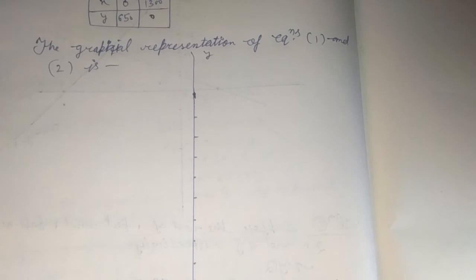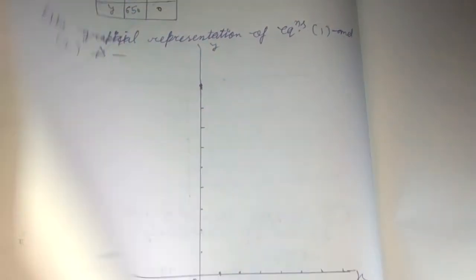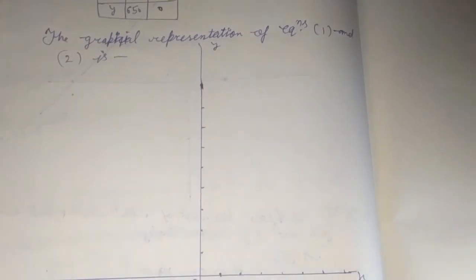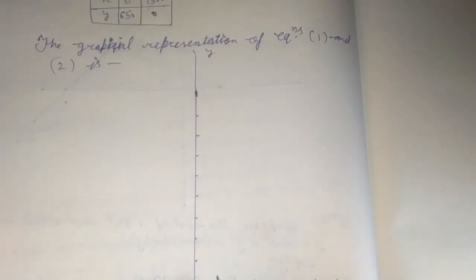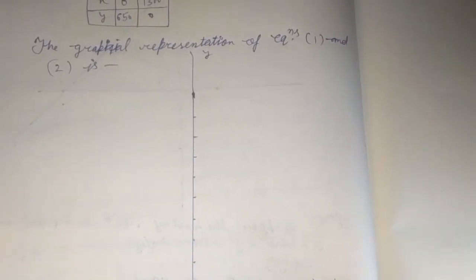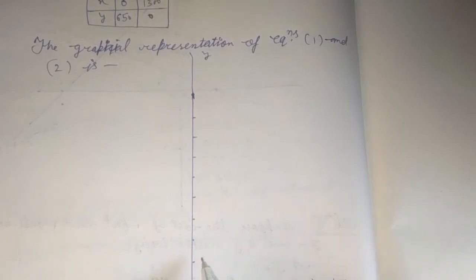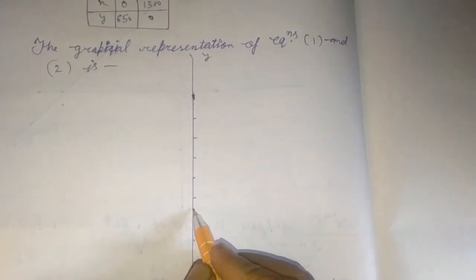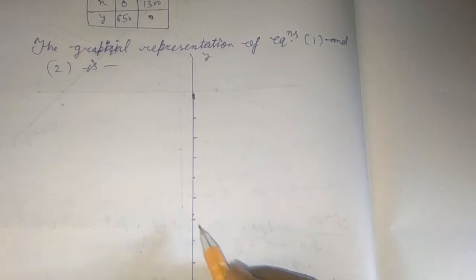From solution table 1, when we take x equal to 0, we get 650. So here x is 0 and y is 650, which is between 600 and 700.